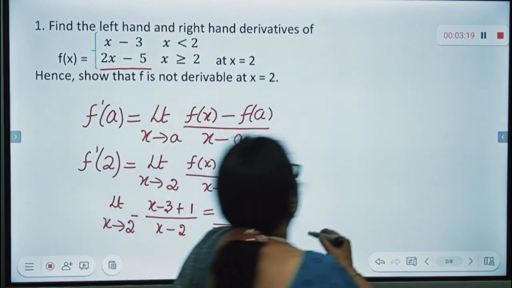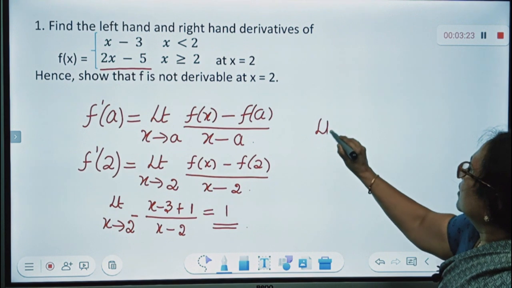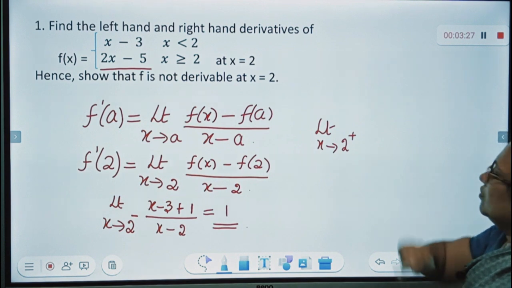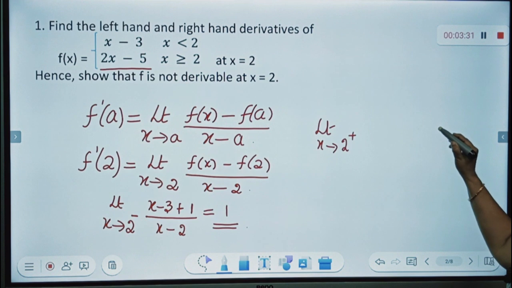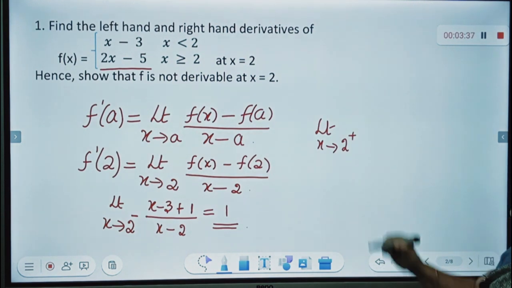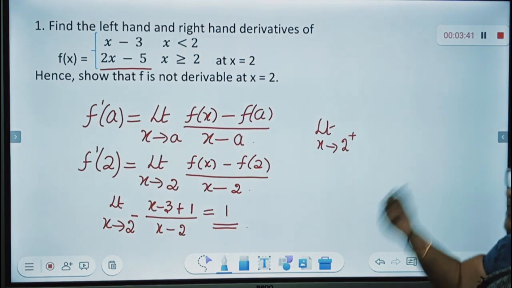What happens to the right hand limit? Now let us look at limit x tending to 2 plus of the derivative. That will be f of x minus f of a by x minus a. When x tends to 2 plus, we are approaching 2 through values greater than 2.